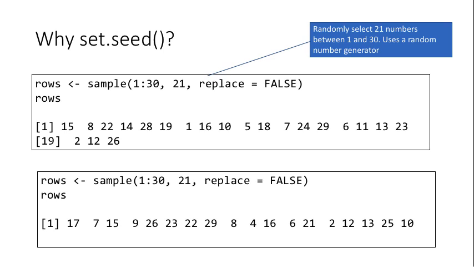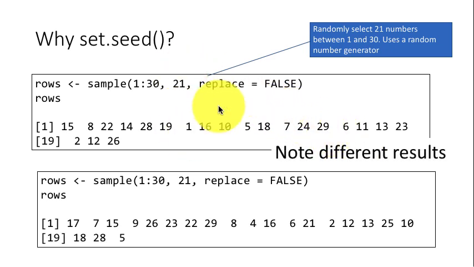In other words, you do it, you get one result. I do it, I should get the same results that you got. If we want that, then both of us should set the random number seed to the same thing, right? Of course, you're saying, well, we are not going to use sample, we are going to use create data partition. Well, internally, create data partition also uses random number generation, just like sample does. So obviously, if you want to replicate, then you should use the same random number seed.